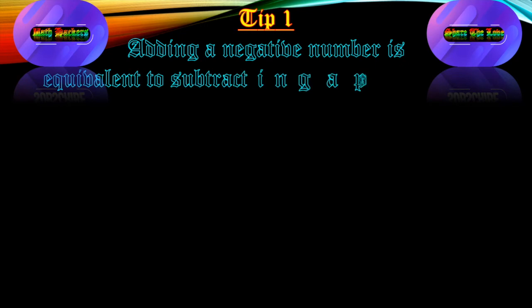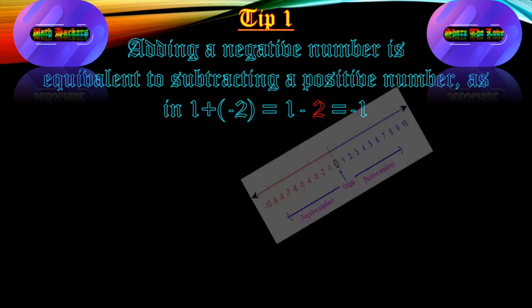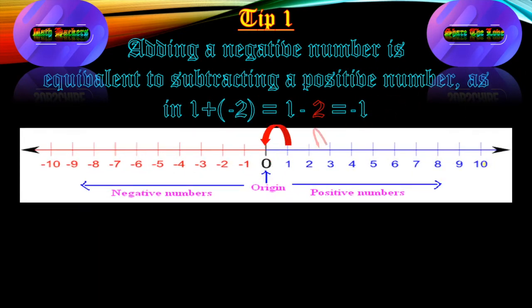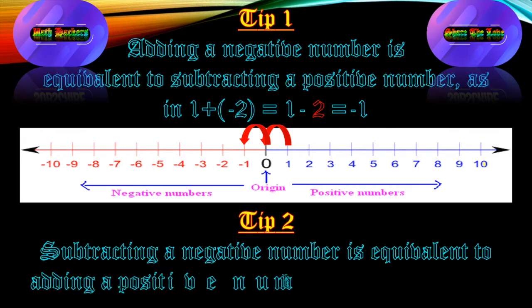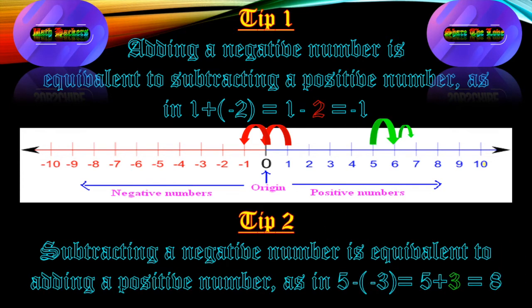Tip 1. Adding a negative number is equivalent to subtracting a positive number. Vital info. As a reminder, quick recap, repetition is key, as practice makes perfect. Plus minus equals minusing or taking away, as in 1 plus negative 2 equals 1 minus 2, which is minus 1.